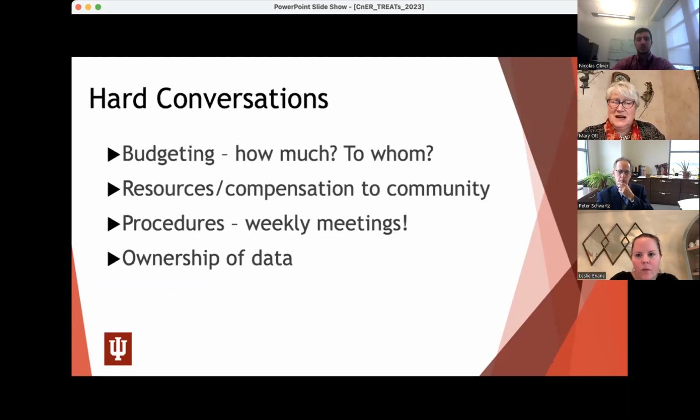But we really do need to have hard conversations around budgeting. How much goes to each partner, to whom, who's going to be the PI on the grant?